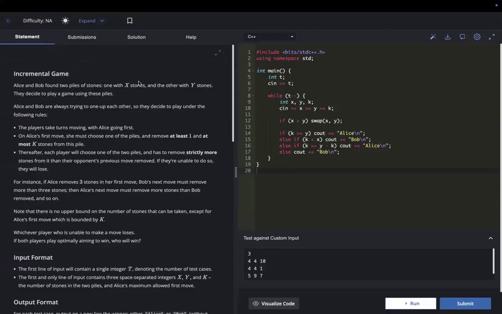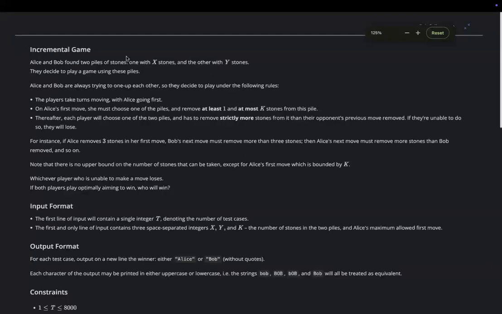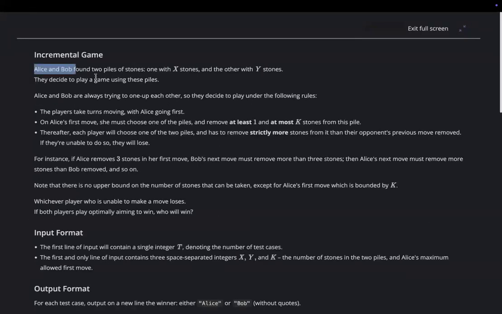Okay, so the first problem here, incremental game. This problem says that Alice and Bob found 2 piles of stones, one with X stones, another one with Y stones. They decide to play a game using these piles, and both of these are trying to one up each other. Basically, they will try to defeat each other, and they will play the game while taking turns. Alice will go first.